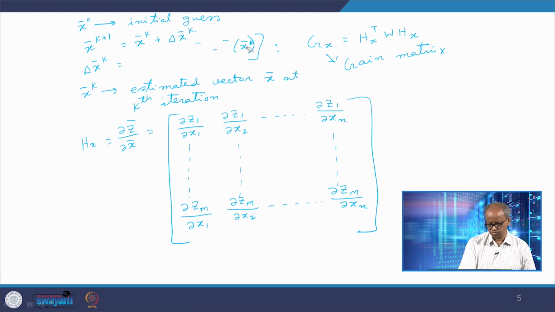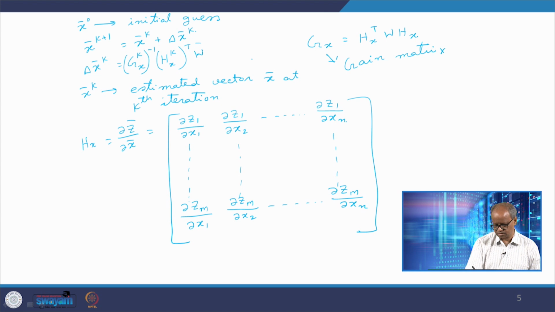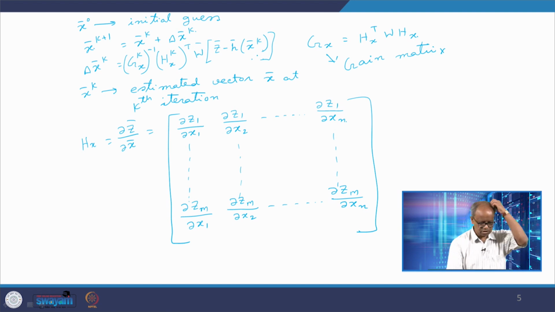So, it is G(x) at the kth iteration and I take its inverse, then the Jacobian matrix at the kth iteration, the transpose of it, and then this W matrix, and then z minus h(x k). These values are already given. So, this is the complete expression.